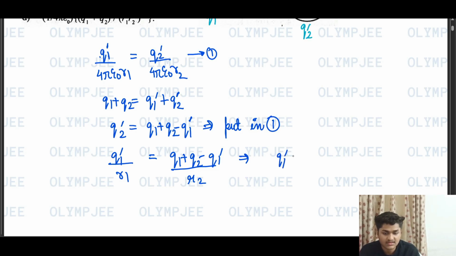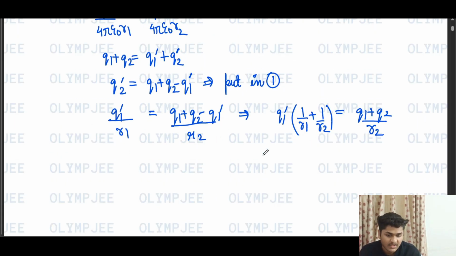So q1 dash (1 by r1 plus 1 by r2) is equal to q1 plus q2 divided by r2. From here I will get q1 dash is equal to (q1 plus q2) by r2 multiplied by r1 r2 by r1 plus r2.